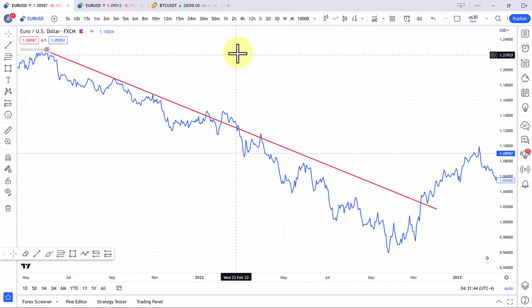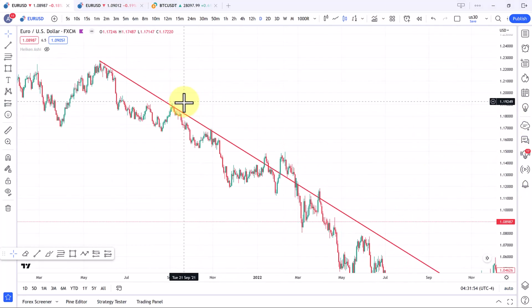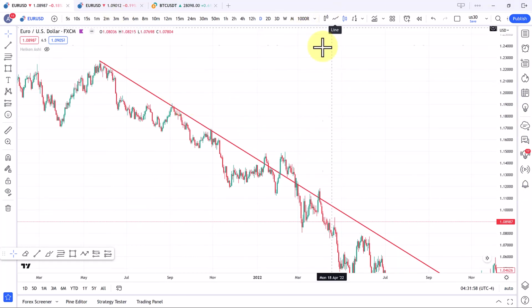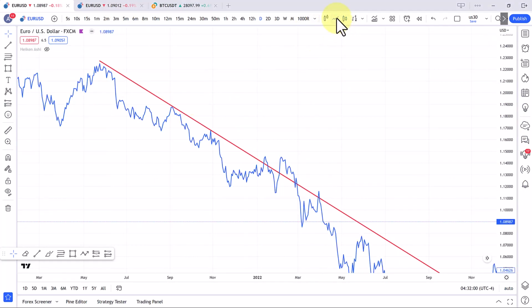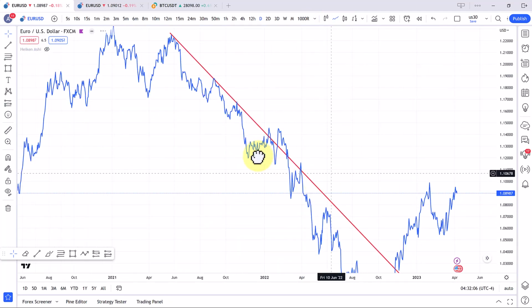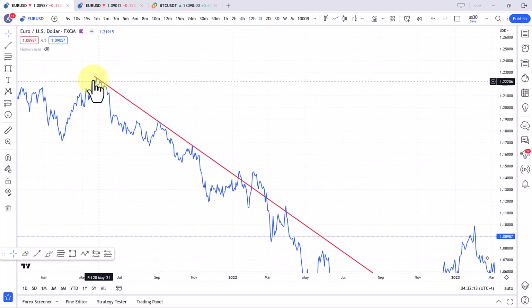For example, if I go to the candlestick, you can see that if I wanted to use just the shadows of the candlestick, this line wouldn't be this clean. It's a little bit off here, so yes, it is more accurate.